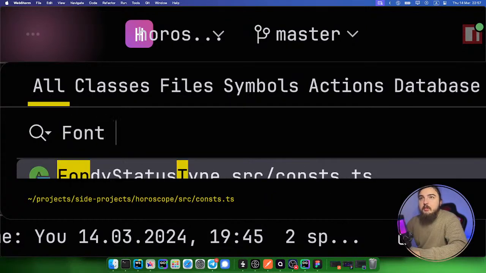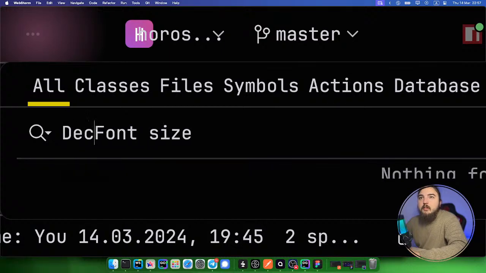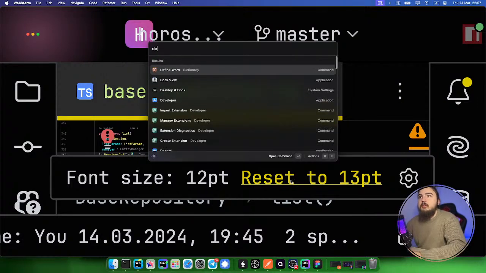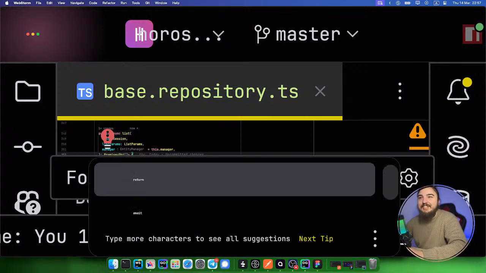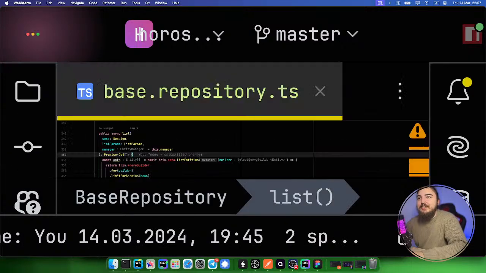Font size. Decrease font size. Oh my god, it's a piece of crap.